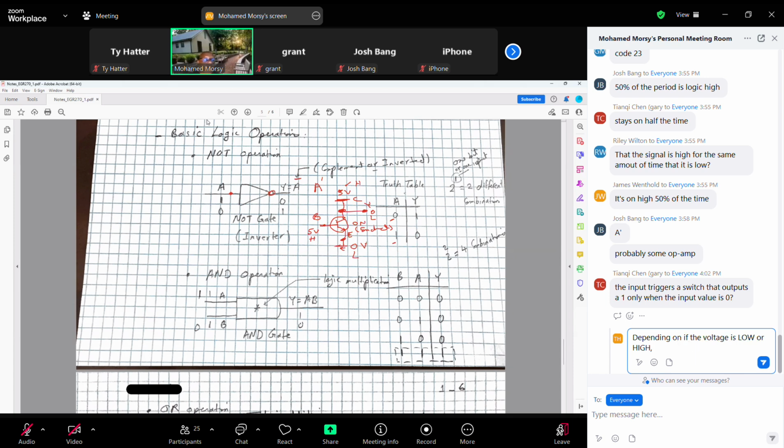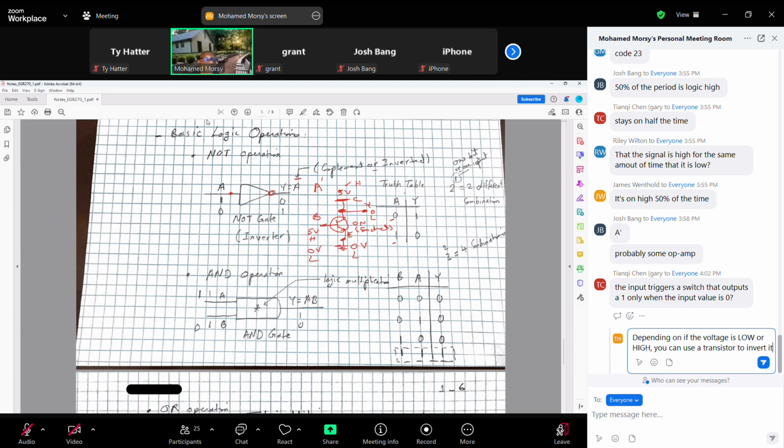Now if we apply 0 volt at the base, which means logic low, we have 0 voltage on the base and 0 voltage on the emitter.